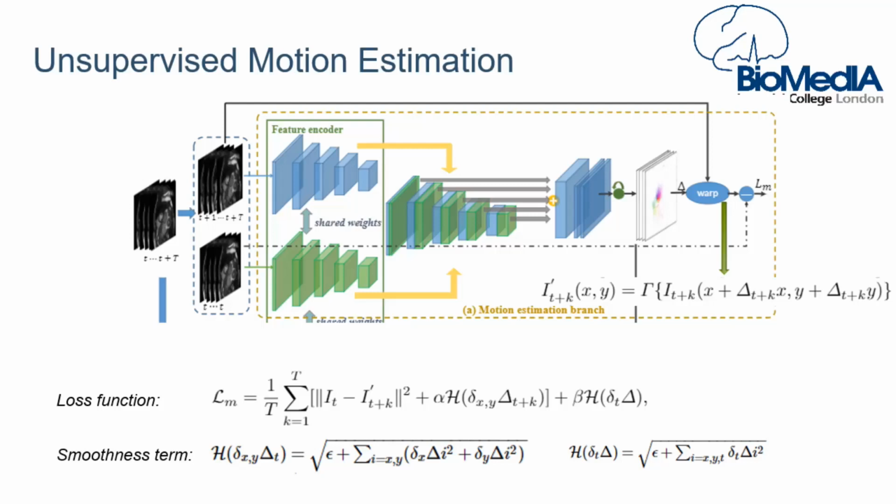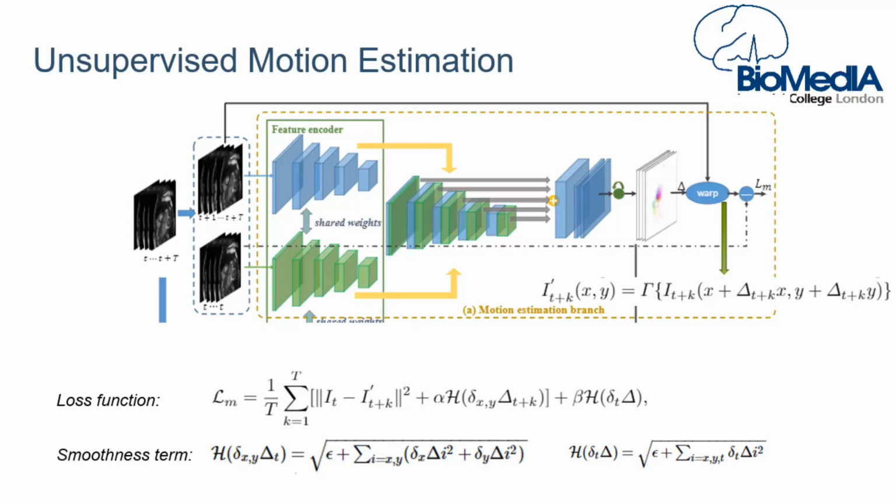The task is to estimate a sequence of consecutive displacement fields of the cardiac image sequence, between the target frame I_t and the source frames I_{t+1}, I_{t+2}, up to I_{t+T}. The output is a 2D pixel-wise displacement field that describes the displacement along both the X and Y dimensions.